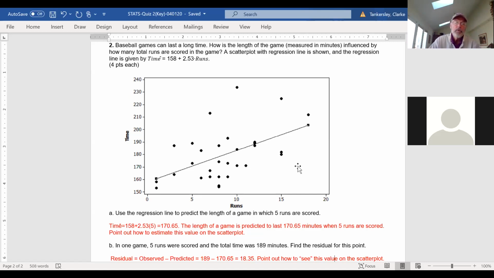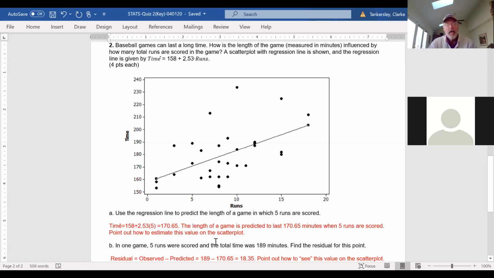So all we have to do is put 5 into X and start to think about what that value is, and that's 171 minutes, all right? So this is the way I would have said it.